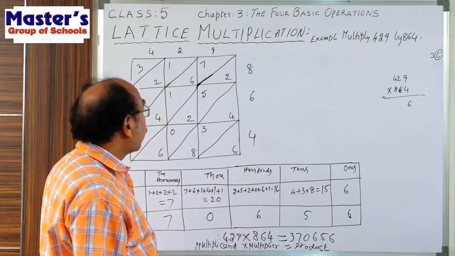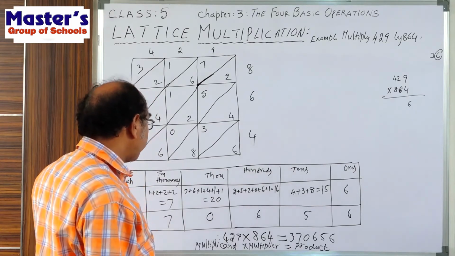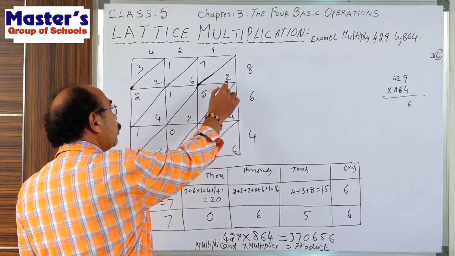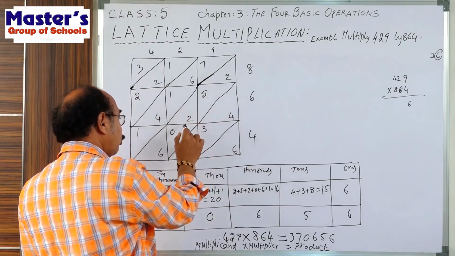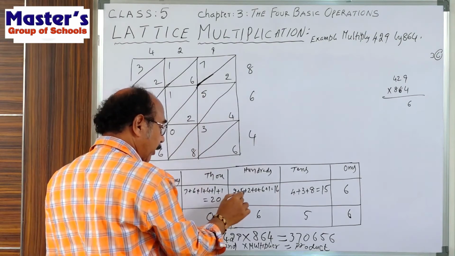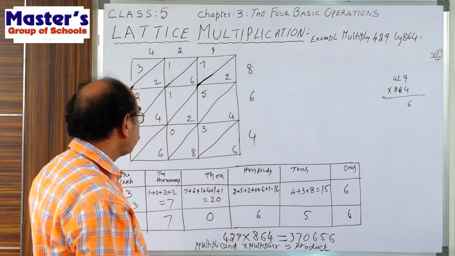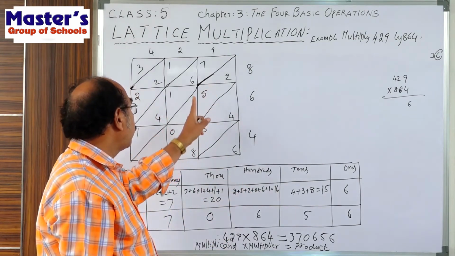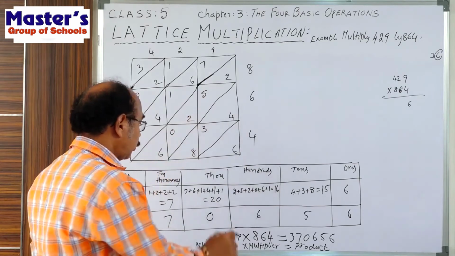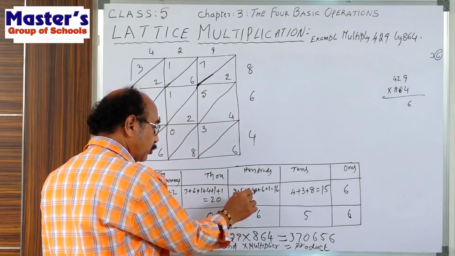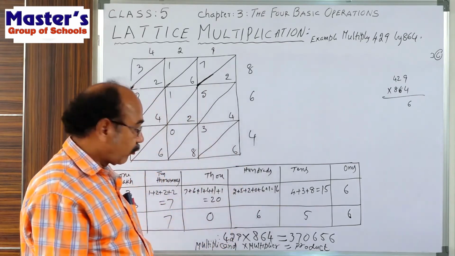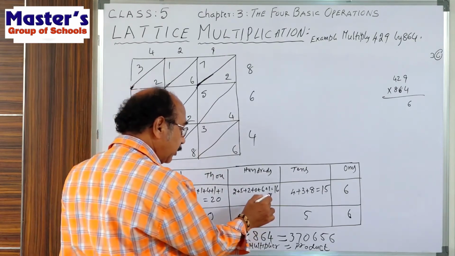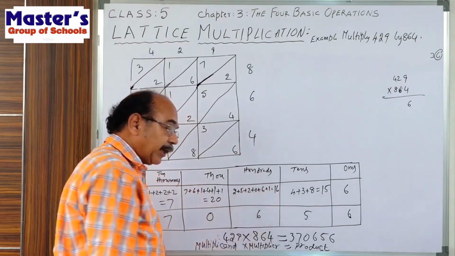What are the hundreds digits here? You see 2, 5, 2, 0, 6. Here 1 is carried.